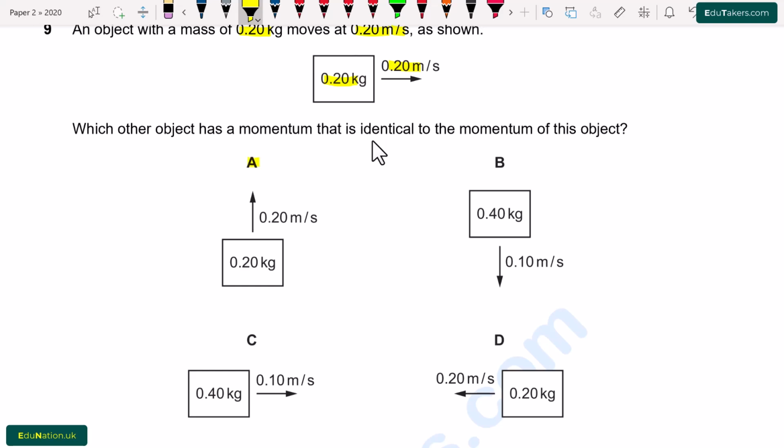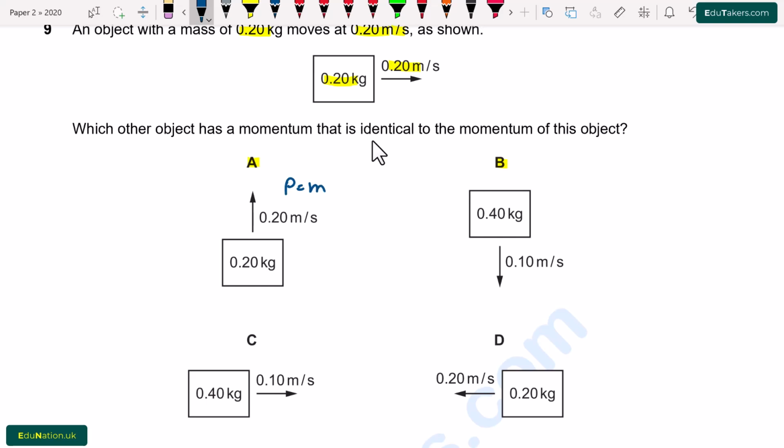So here are four options A, B, C and D. The mass and speed of different objects are given. We have to find out the momentum and tell which one of the following has the momentum that is identical to the given object. So first of all, we check for object A.